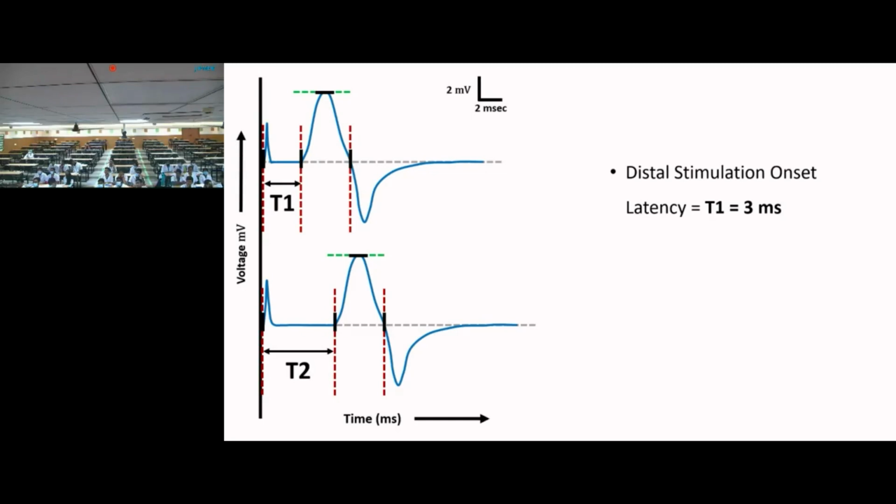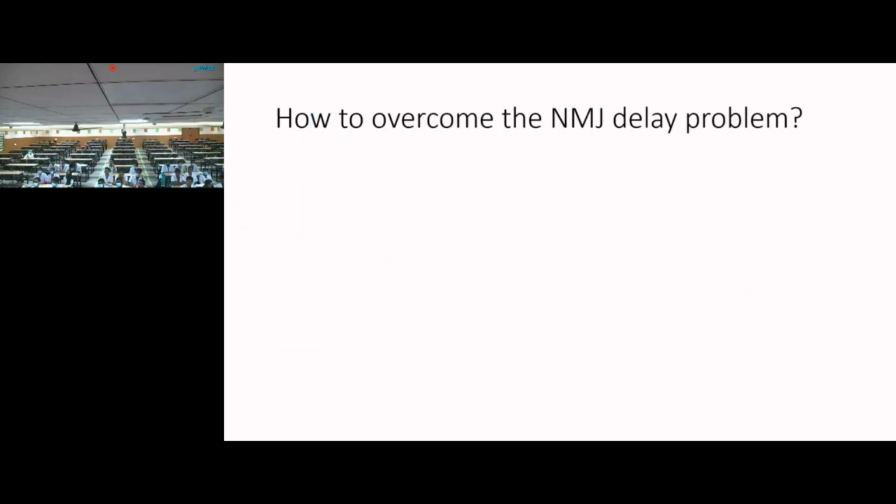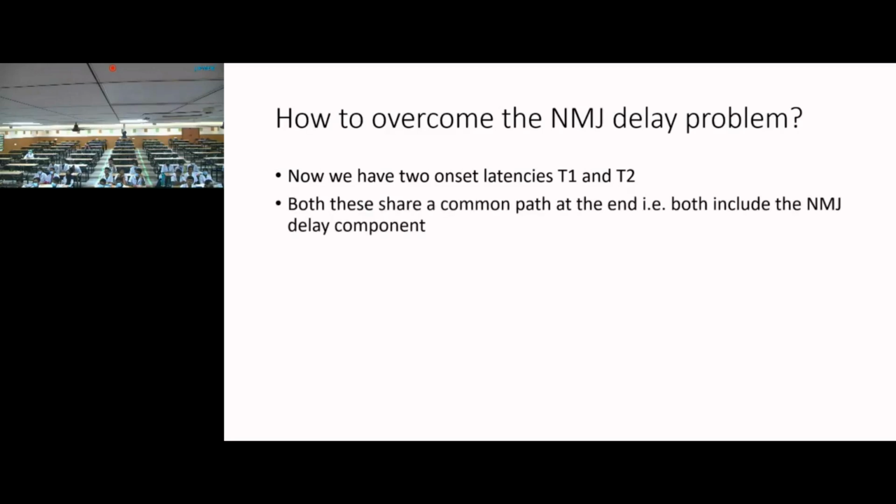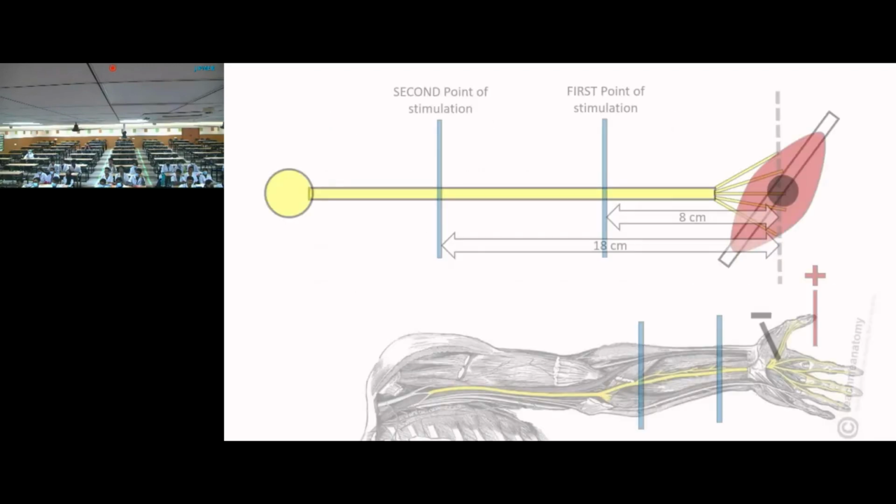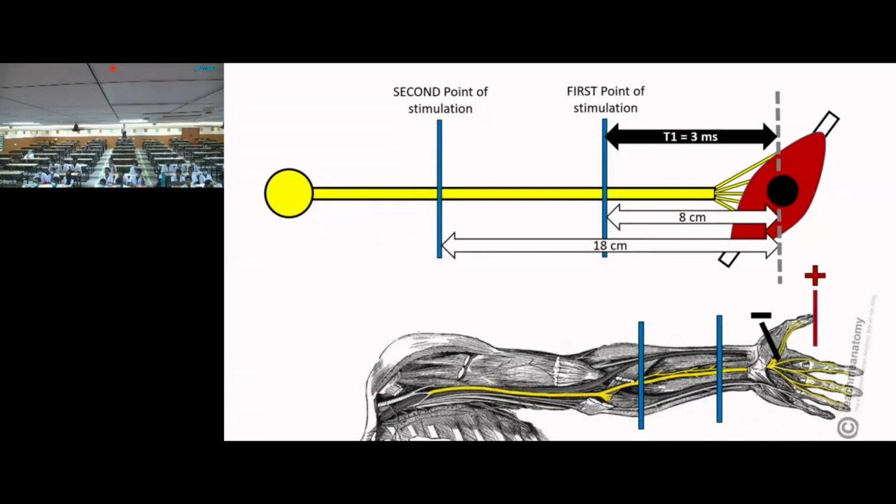Let us consider T1 as 3 milliseconds and T2 as 5 milliseconds. The onset latency from the first point of stimulation is 3 milliseconds, and the second is 5 milliseconds.